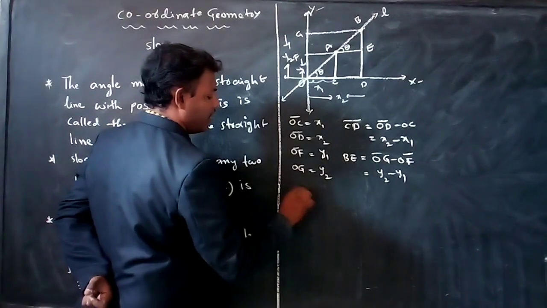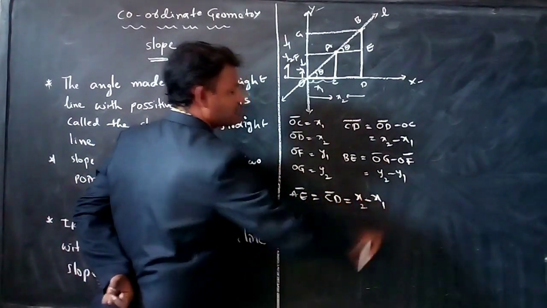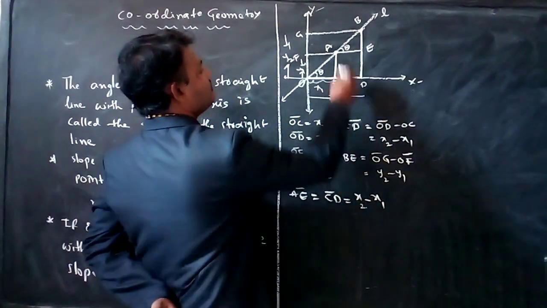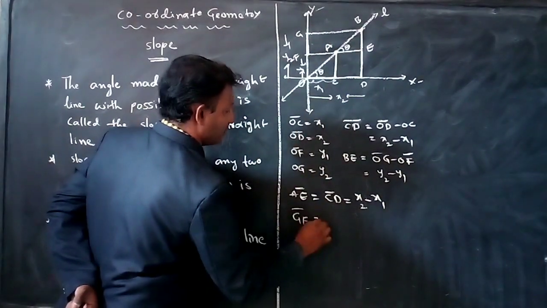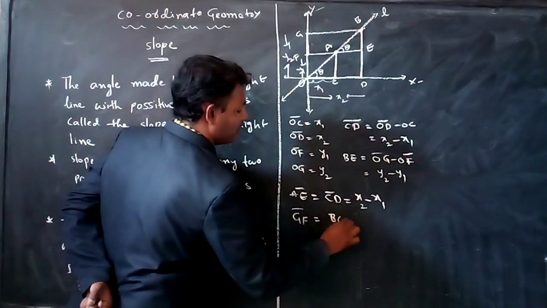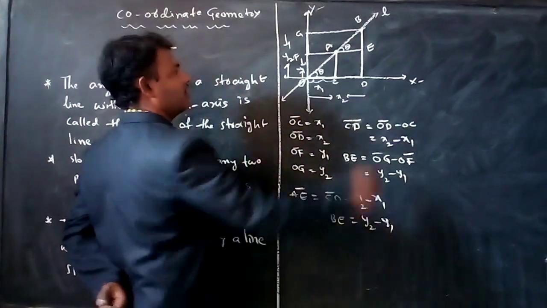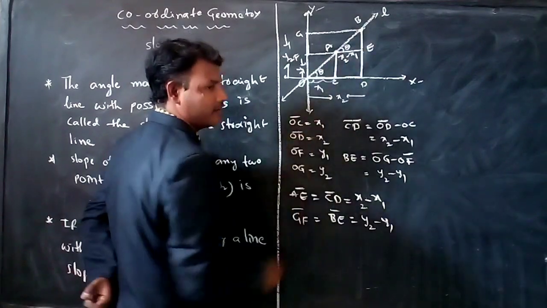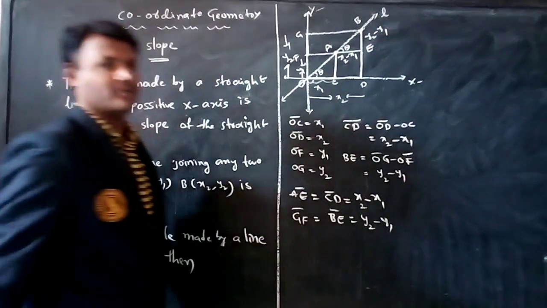So AE is equal to CD is equal to x2 minus x1. Similarly, GF is equal to BE is equal to y2 minus y1. So the length of AE is x2 minus x1, and the length of BE is y2 minus y1.